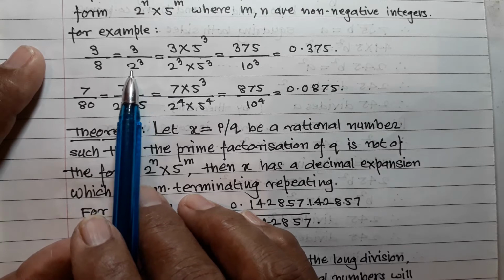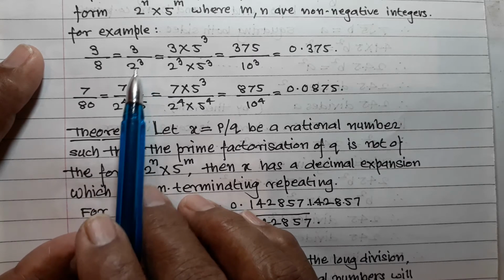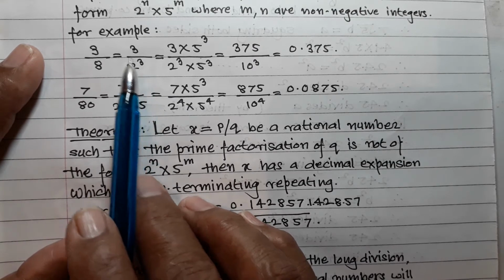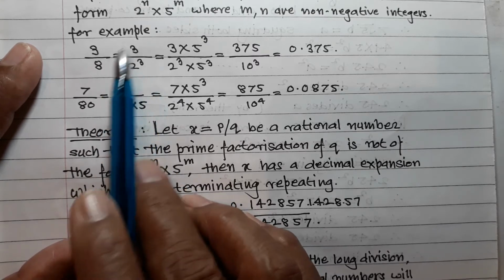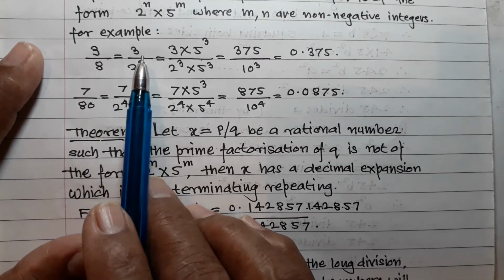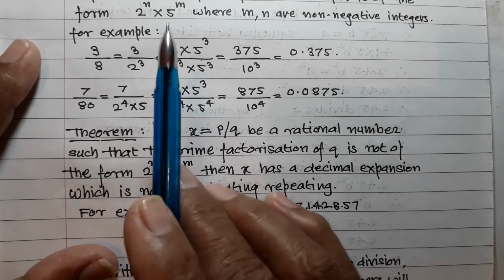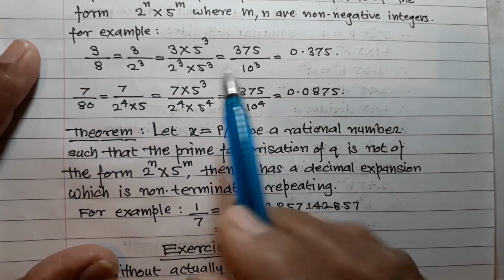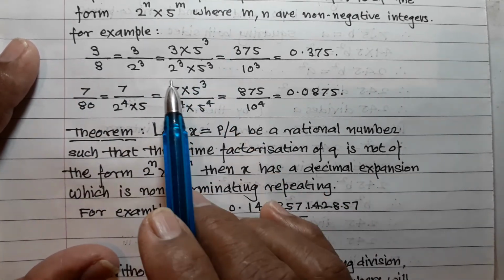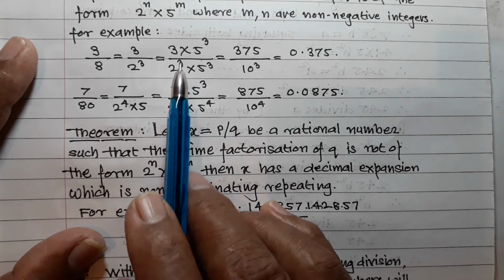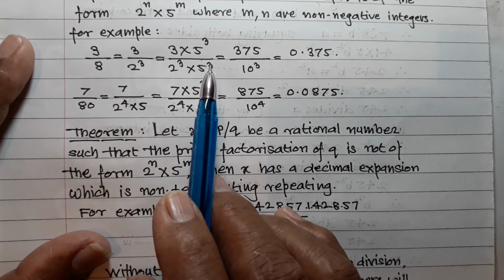So here 2 raised to 3, that means the decimal form is terminating. So this is equal to 3 into 5 raised to 3 upon 2 raised to 3 into 5 raised to 3.